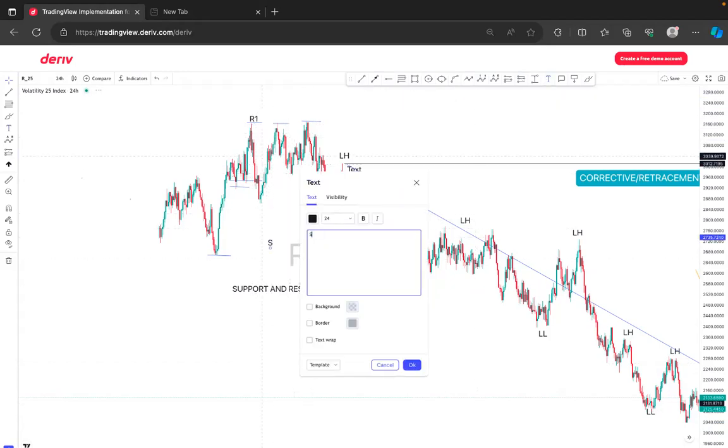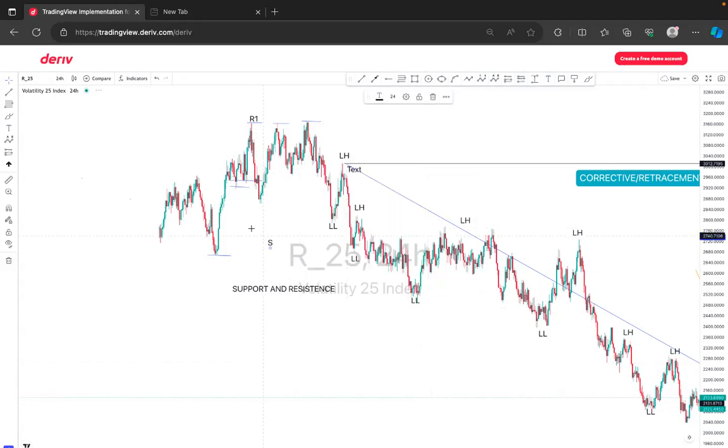Support is anything that pushes the market from a bearish to a bullish market. S. This is an S. Another S here. Okay, this is the R. You can call this R2, but for our time, let me just name everything R. Same thing is applicable to everything. So same thing here. S, S, S, S, S. So they are just support and resistance.